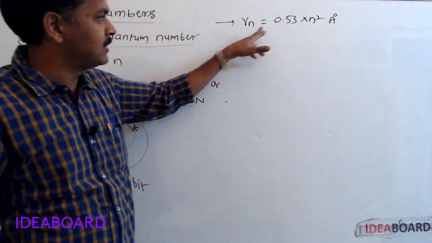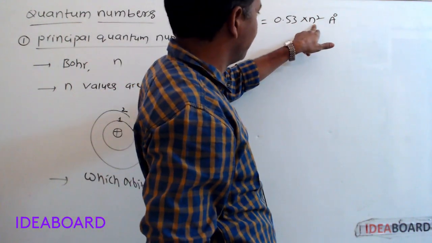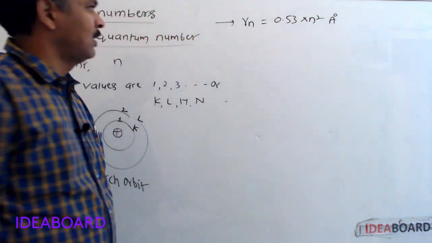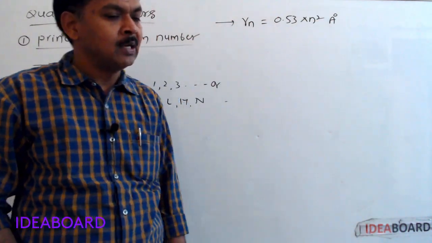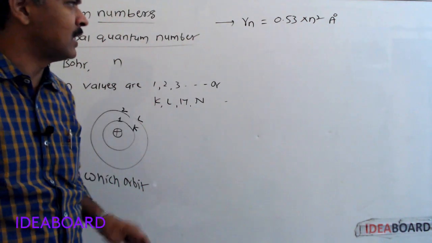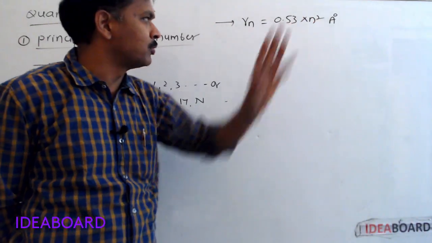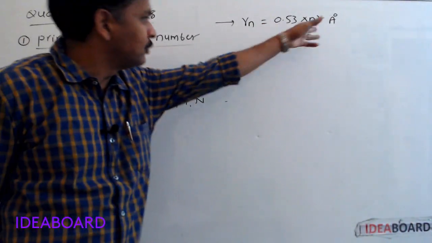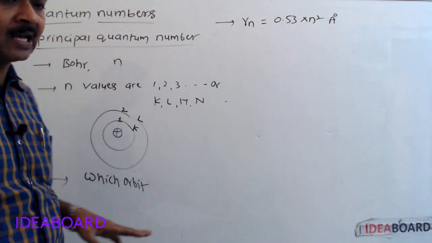If n is 1, the first orbit, then R1 is 0.53 angstroms. If n is equal to 2, then 0.53 × 2², that is 0.53 × 4, gives the radius of the second orbit.